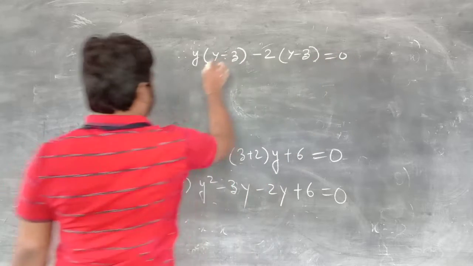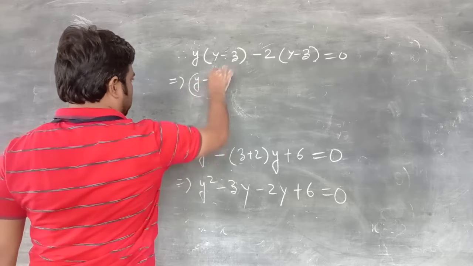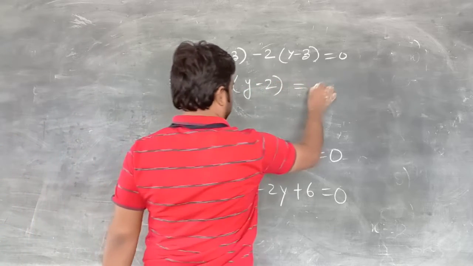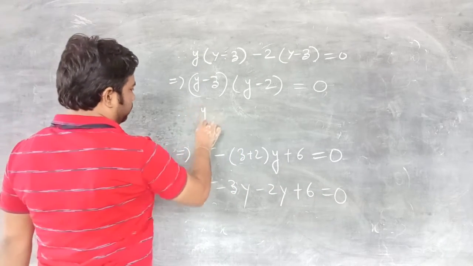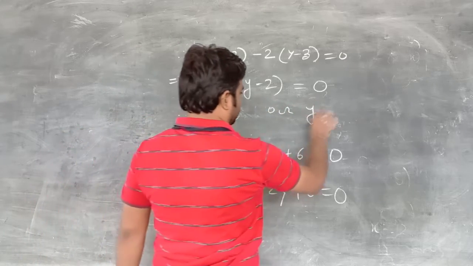So if we take y minus 3 again, this is y minus 3. Okay, so y equal to 3 or y equal to 2.